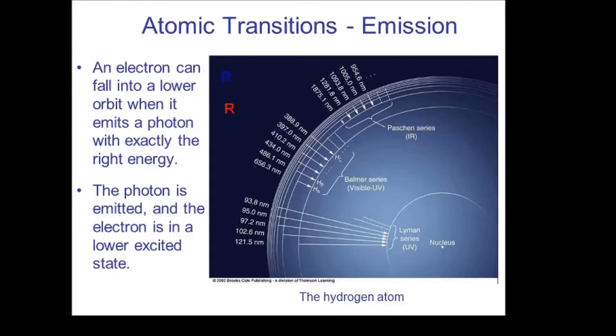So if this photon gets absorbed and the electron jumps to level 3, it could go from level 3 down to level 1, and then it will actually emit this photon here, 102.6 nanometers. So the way it goes up is very predictable. The way it goes down is not as predictable.